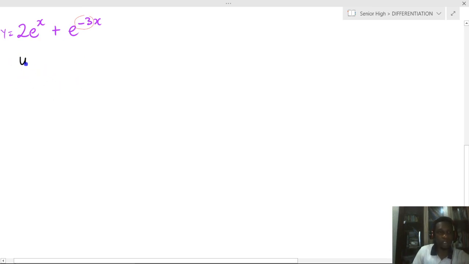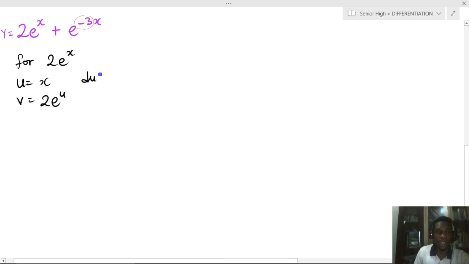Let's do it for each of them. So let's do the first one, 2 exponential x, let's differentiate this one. We know that our u is equal to x, and our v is equal to 2 exponential u, right?